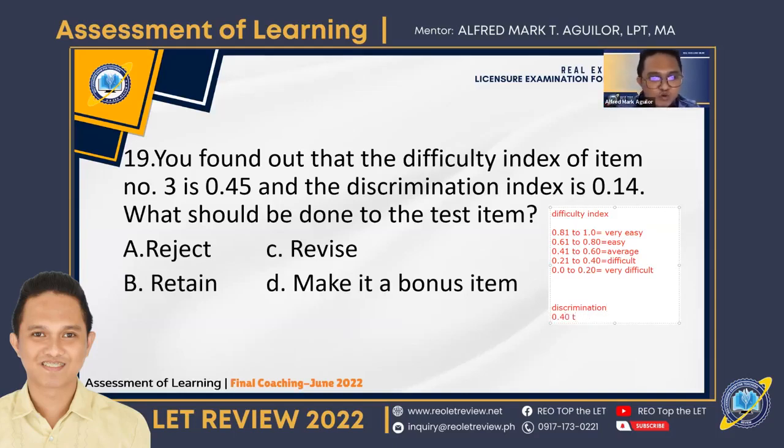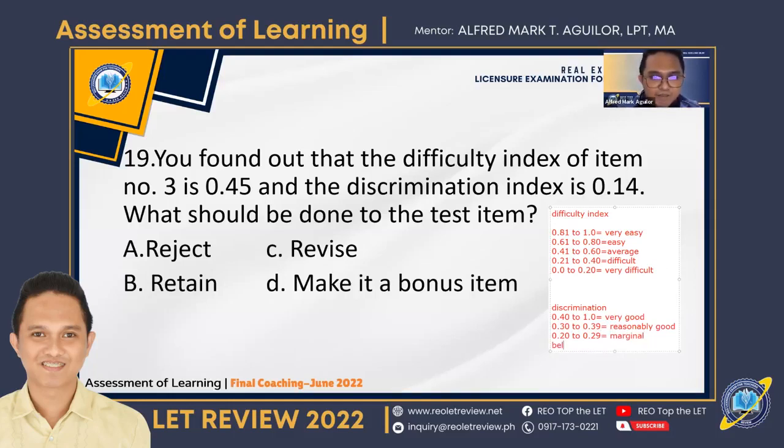0.40 to positive 1. Okay, this is very good item. 0.30 to 0.39. This is reasonably good. Okay, 0.20 to 0.29. This is marginal.